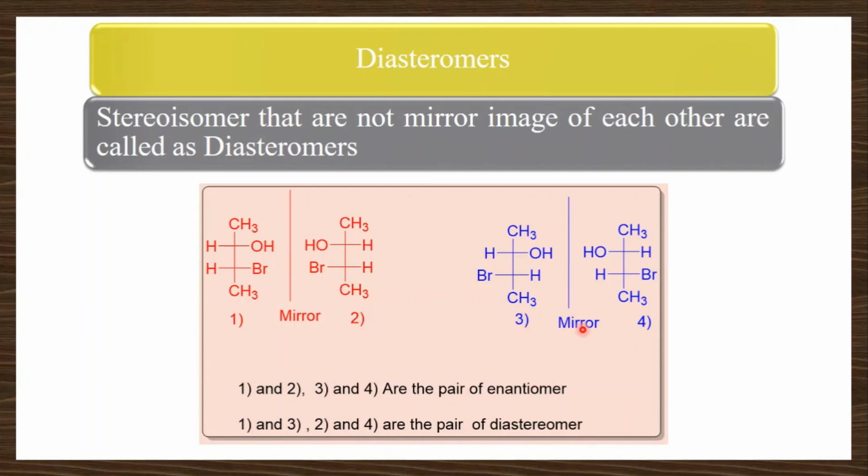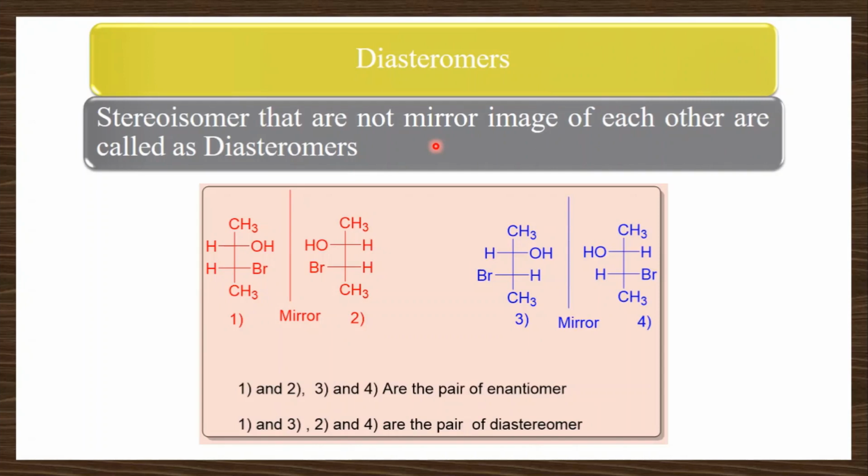Same for 3 and 4: they are called enantiomers, because structures 3 and 4 are non-superimposable mirror images of each other, while the first and third, and the second and fourth, are not mirror images of each other. That's why they are called diastereomers.